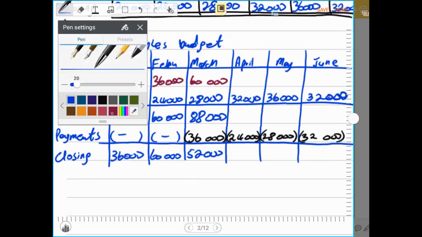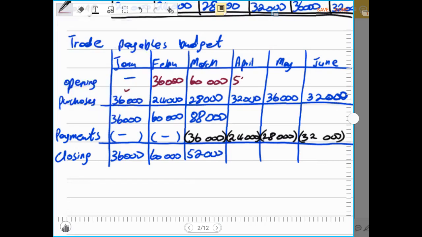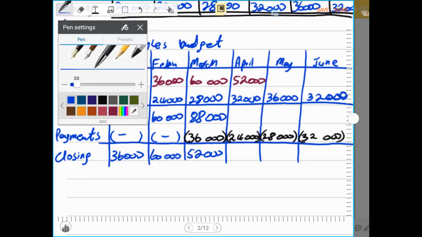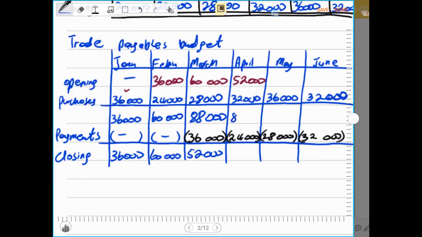And 52,000 becomes an opening balance in the next month, 52,000 rands. Therefore now we say 52,000 rands plus 32,000, and this gave us 84,000 rands in the month of April. And we say less 24,000, and 84 less 24 will give us 60,000.